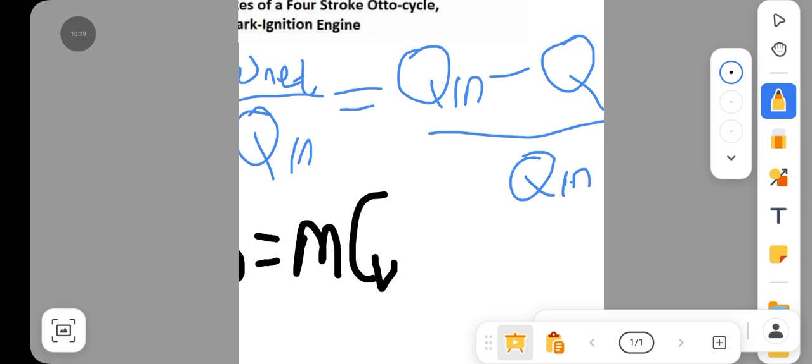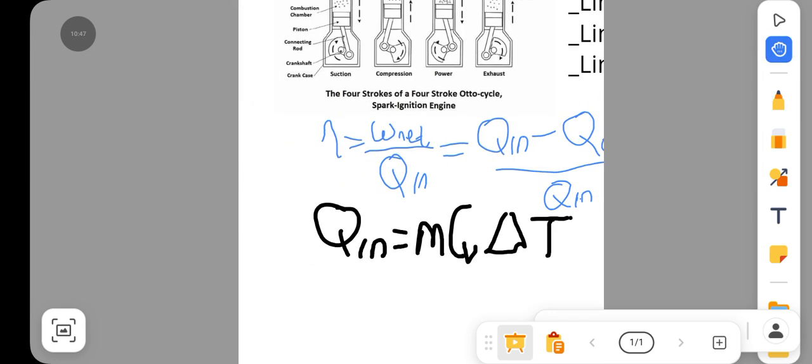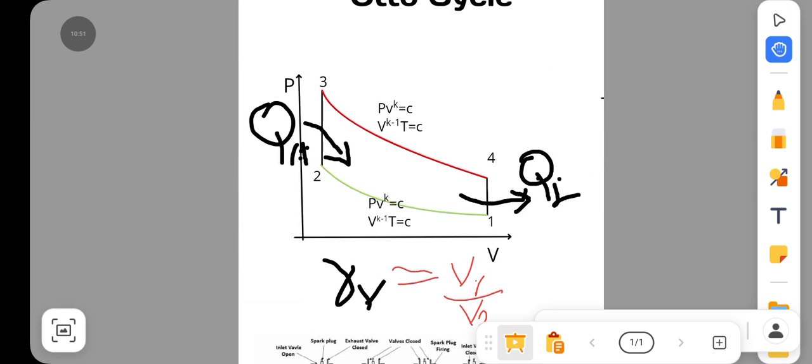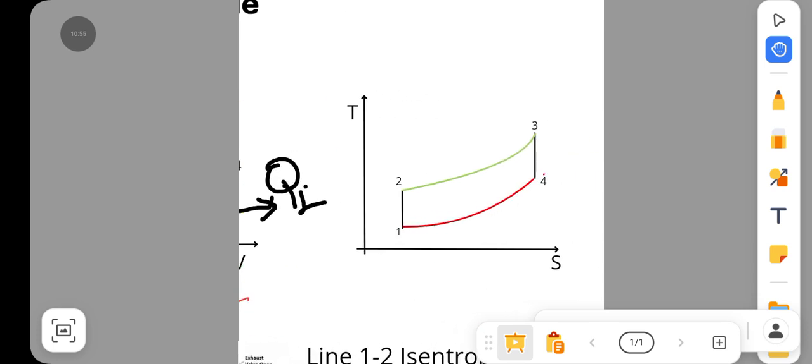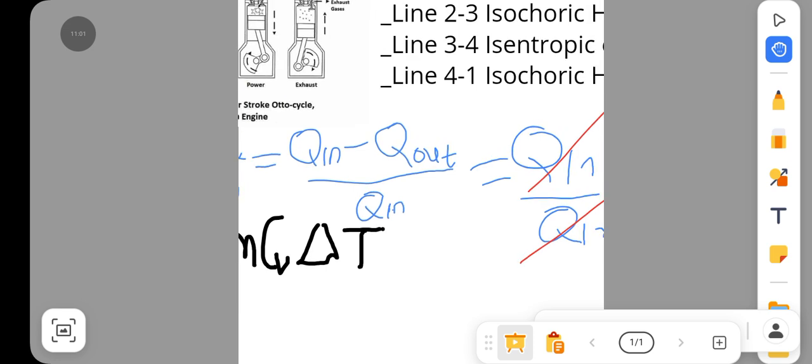What is our change in temperature from 2 to 3? It will be T3 minus T2.